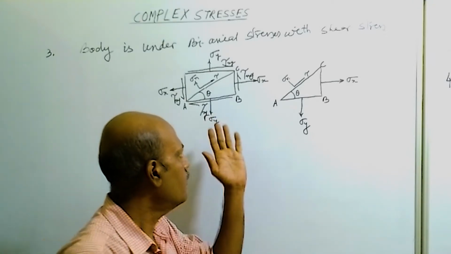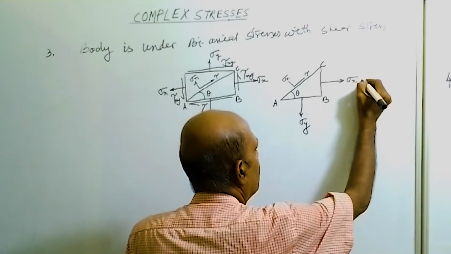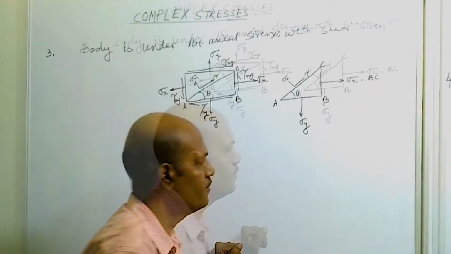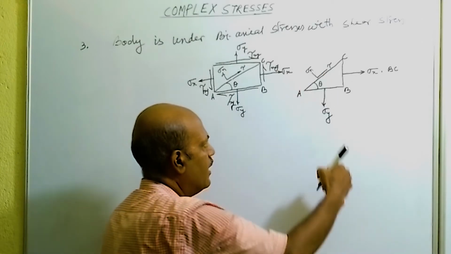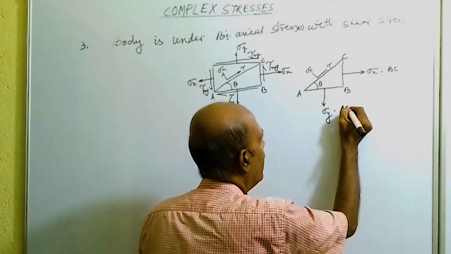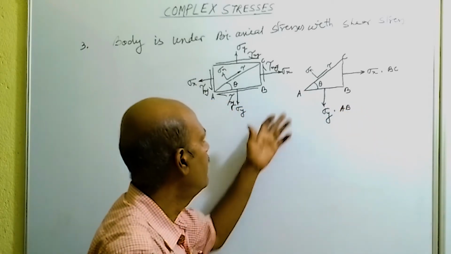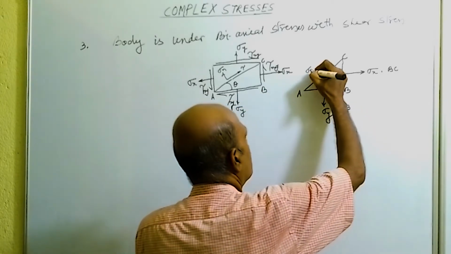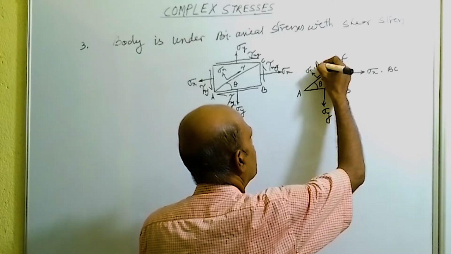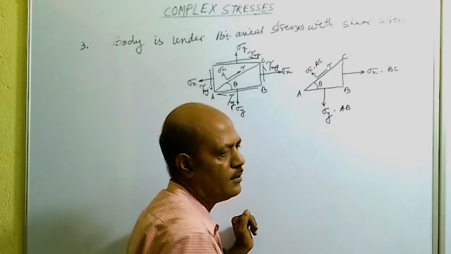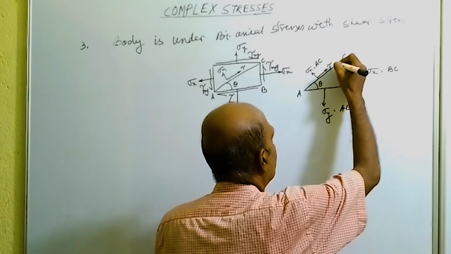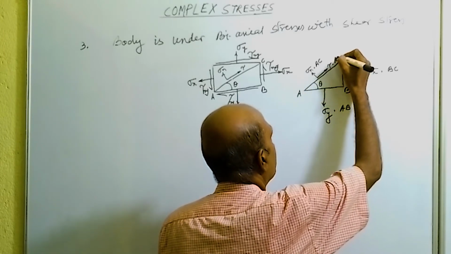Now the force acting along x direction is equal to sigma x into BC. Along y direction the force acting is sigma y into AB, and the force acting on inclined plane in normal direction is given by sigma n into AC, and along tangential direction the force acting is given by tau into AC.